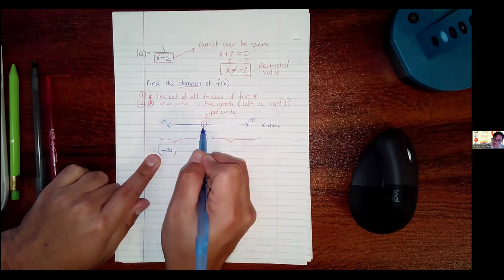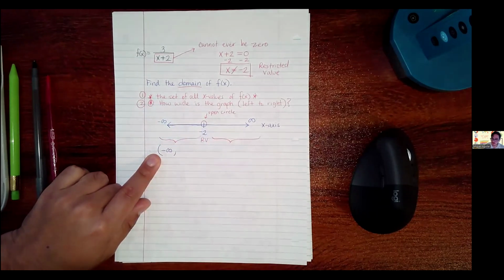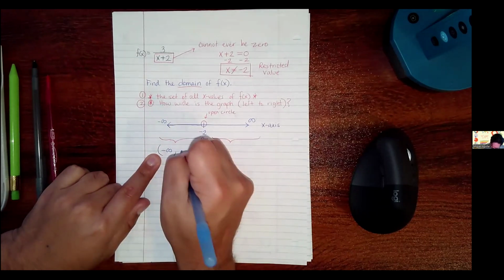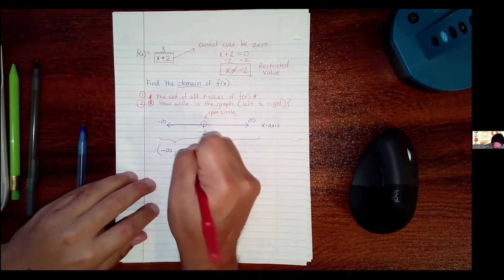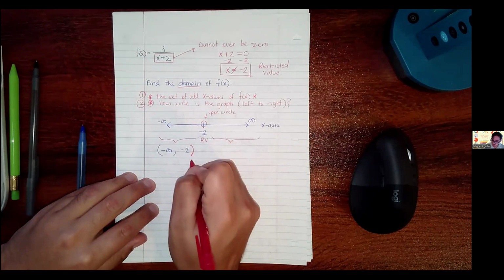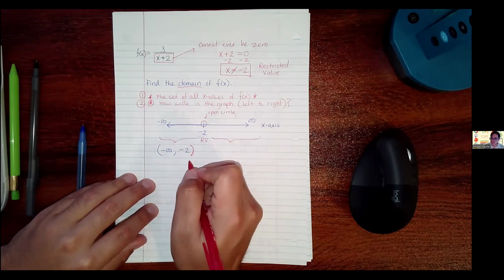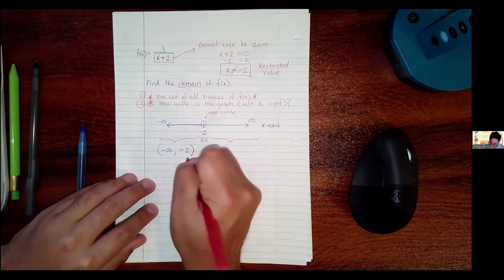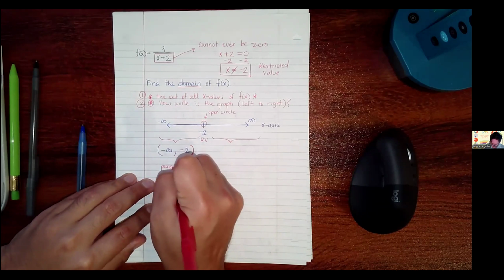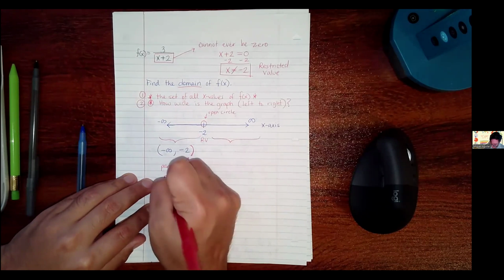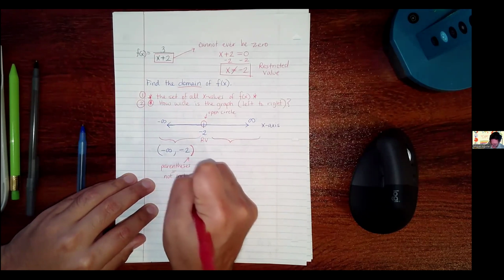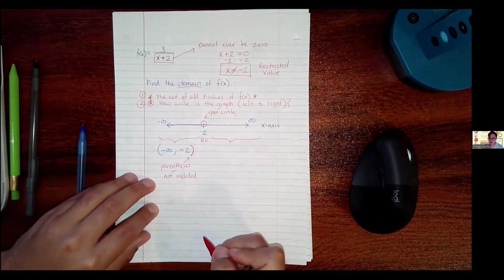Because that restricted value needs to be removed. So I'm going to put -2 here, and I'm going to put parentheses, because remember, parentheses means that the -2 is not included. Are you guys okay with that?